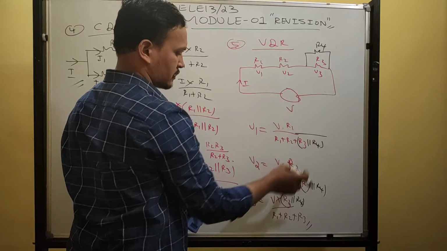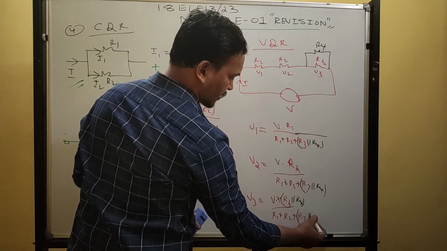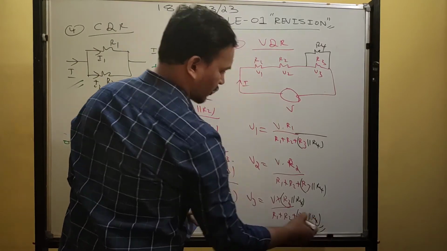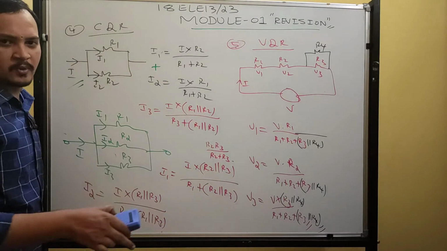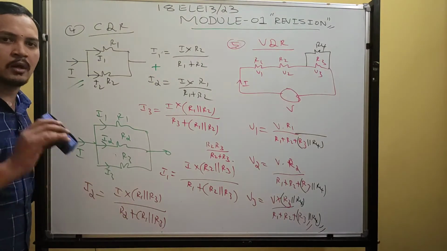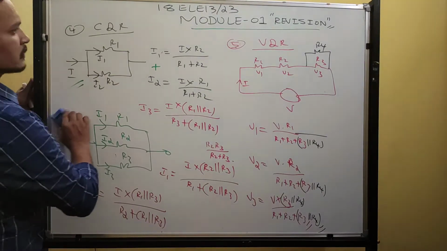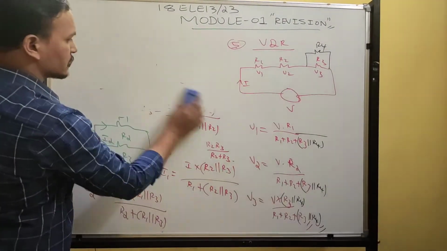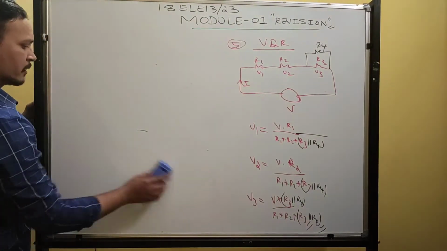So V3 can be written as supply voltage into R3 parallel R4 divided by R1 plus R2 plus R3 parallel R4. Got it? You must know all these concepts, then only you can solve problems on DC circuits. Along with the current division rule and voltage division rule, you can solve problems confidently.